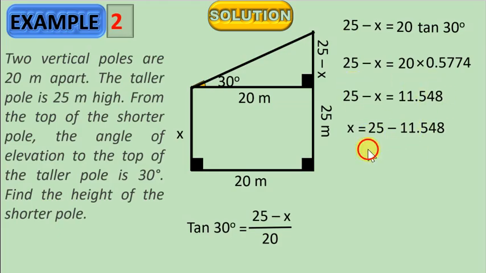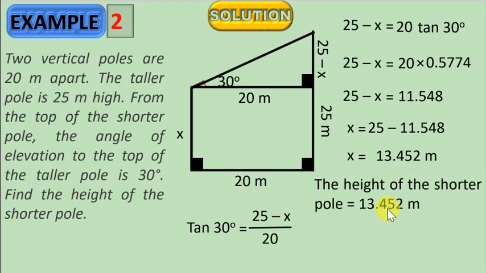That's why we're having this. So the value of x is 25 minus 11.548, which gives me 13.452 meters. The height of the shorter pole is 13.45 meters. So that gives us the solution.